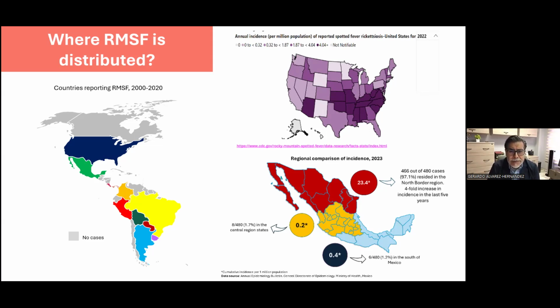A really particular epidemiological pattern of the disease has been observed in Mexico. Mexico has shown an increase in RMSF morbidity and mortality as well, particularly and very noticeably in northern Mexico, where the incidence and the mortality are quite far from the other regions in Mexico.